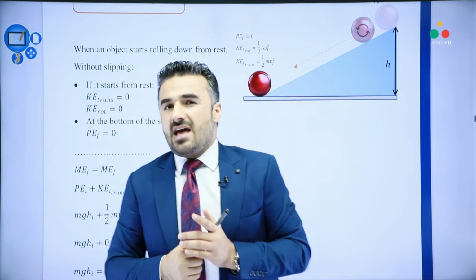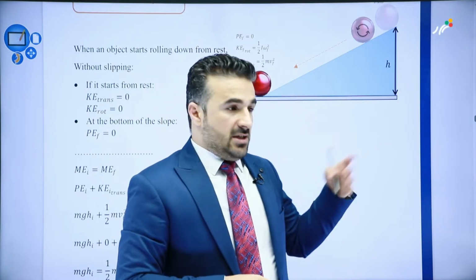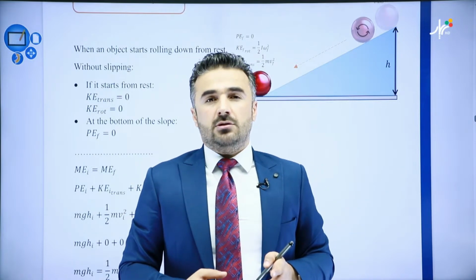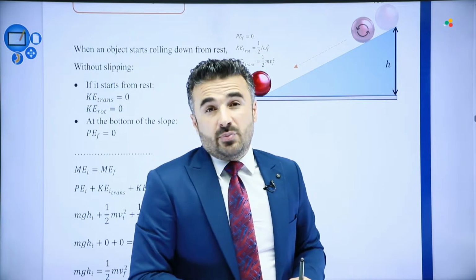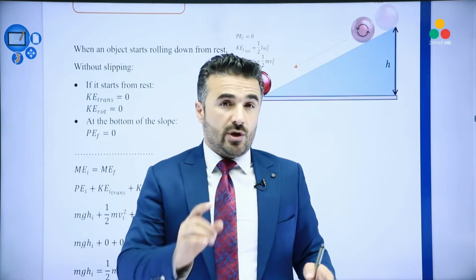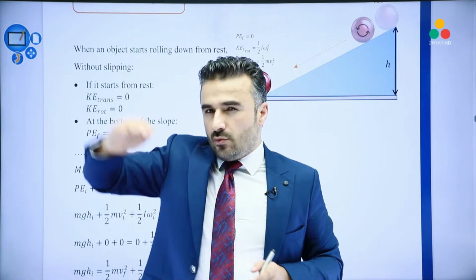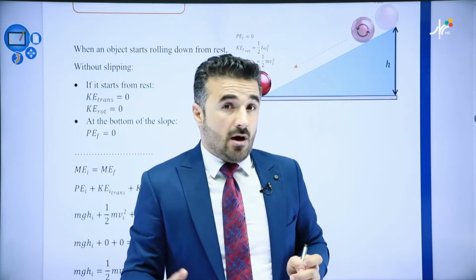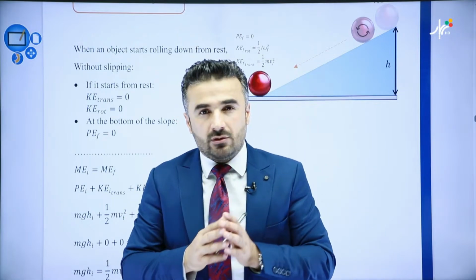Whenever it says without slipping, that means we will have potential energy at the top of the incline, and rotational and translational kinetic energy at the bottom. But what if they said the object is slipping? That is a different story, because if the object is slipping, it would be falling, considered a free fall object, and a free fall object has no rotational kinetic energy.